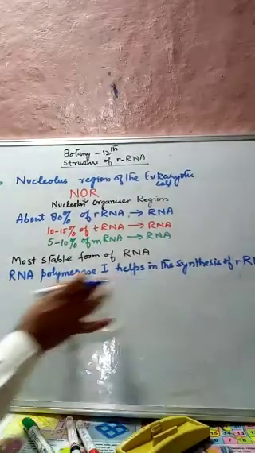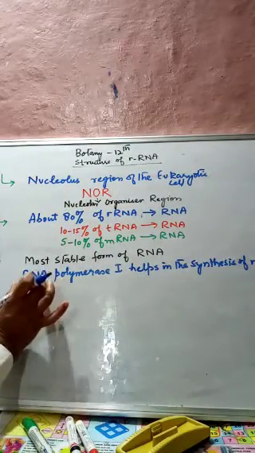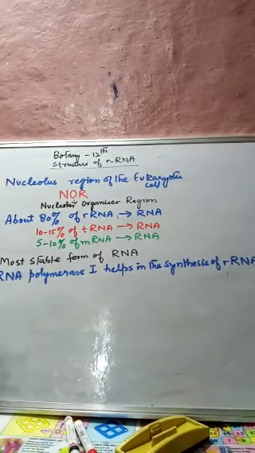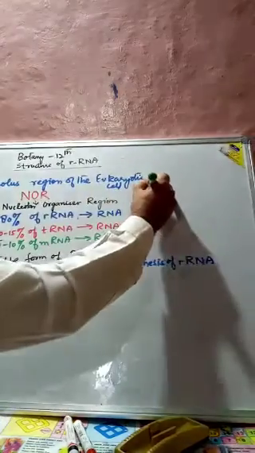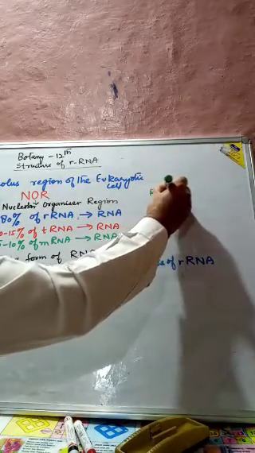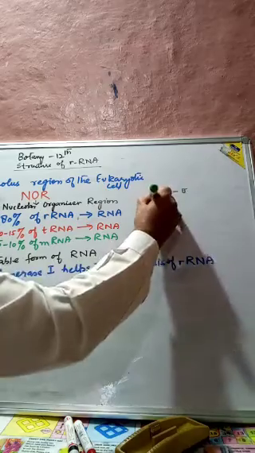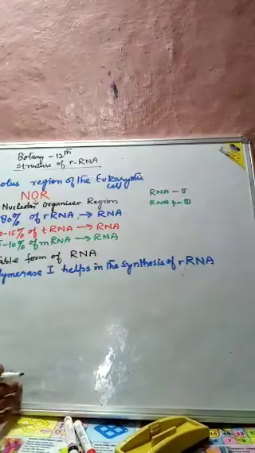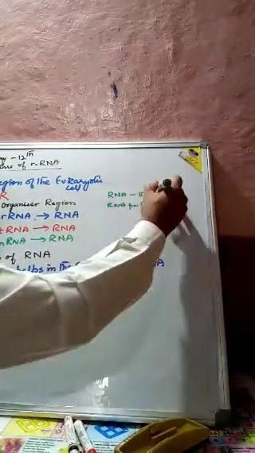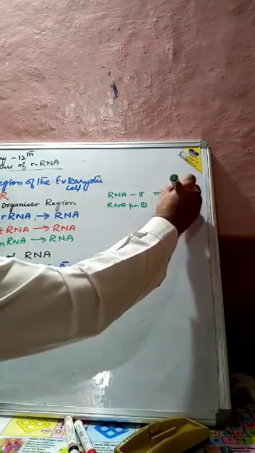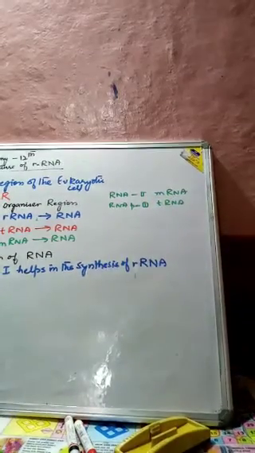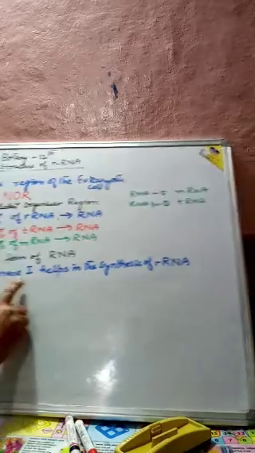Ribosomal RNA is synthesized with the help of RNA polymerase first. RNA polymerase second helps in the synthesis of mRNA, and third helps in the synthesis of tRNA.